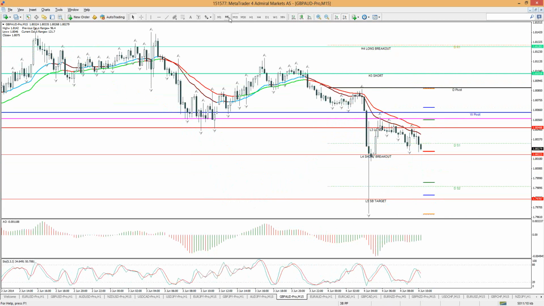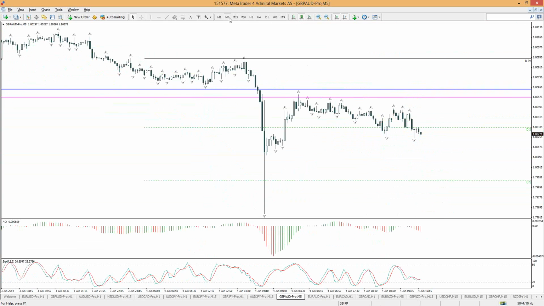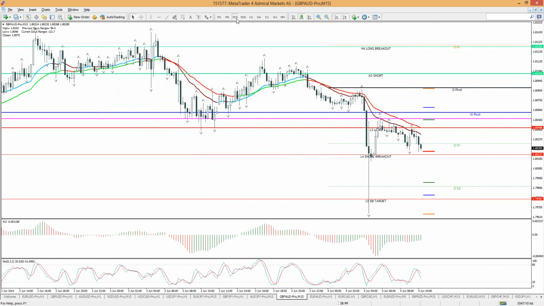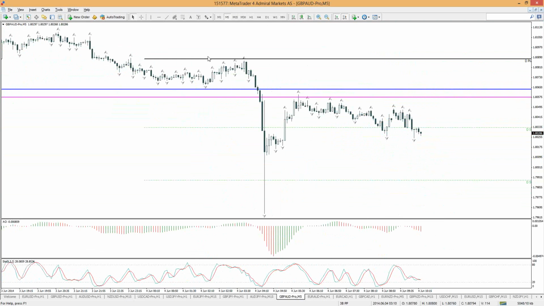So pity we have the pound news event, in fact. It could still be a good trade, actually, upon the break of this bottom. But I would exit prior to the news event, probably.